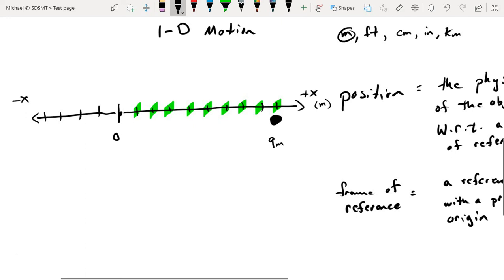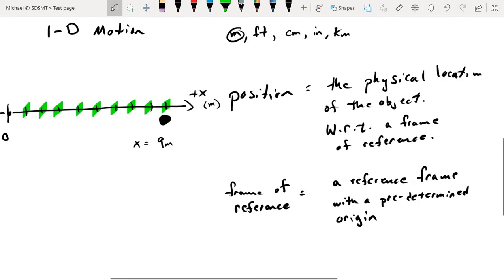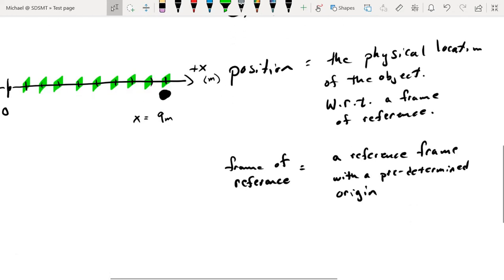And because we are on the x-axis, or the x reference frame, I'm going to go ahead and say that the value of x for our particle is equal to 9 meters. So now we have our definition of position taken care of. We have our definition of reference frame taken care of.